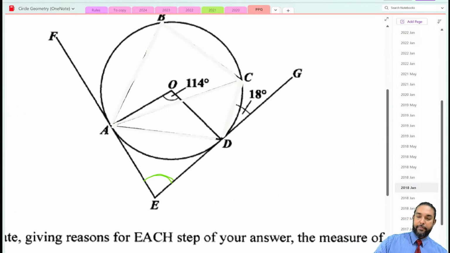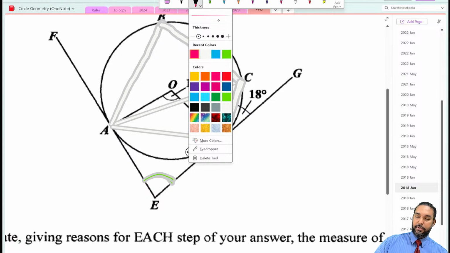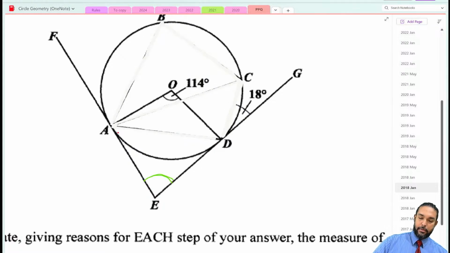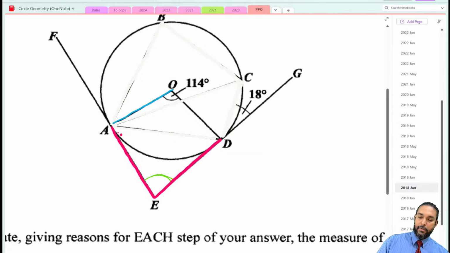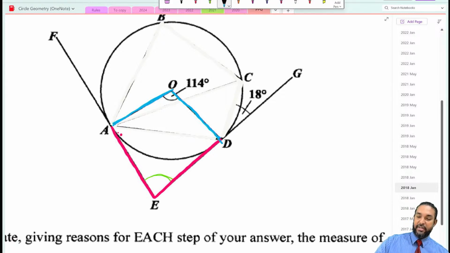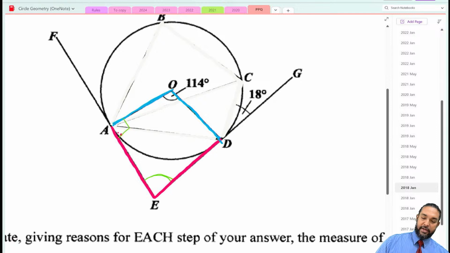So check this. If you focus for a second on this tangent here, and you put in the radius here and here, what do we know about the angle between tangent and radius? So I have a 90 here and 90 here.